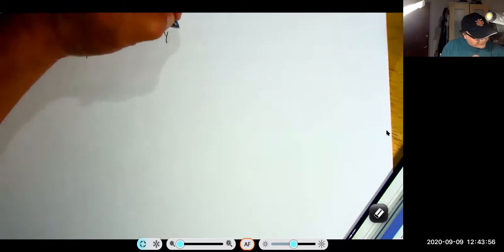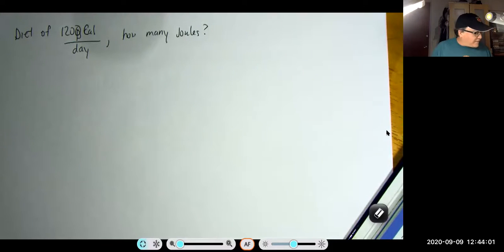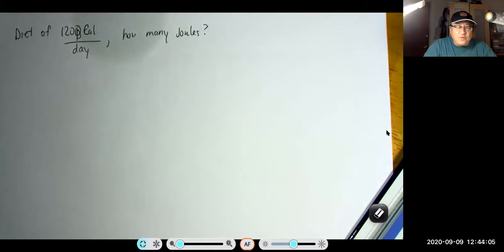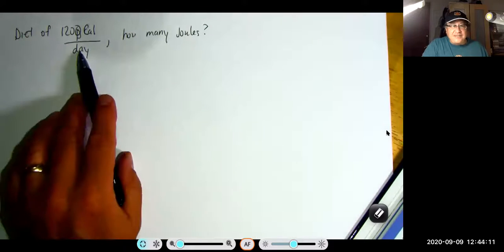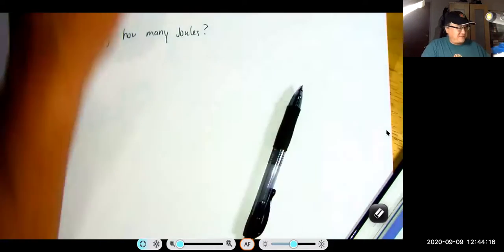How many joules? So that's the question. 1,200 calories a day. So that means like one Big Mac a day, one Whopper, one huge chocolate shake. This is a starvation diet. So if you're on that diet, I guarantee you're going to lose weight.